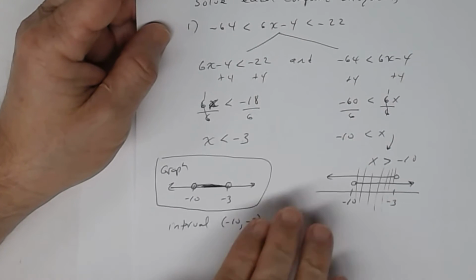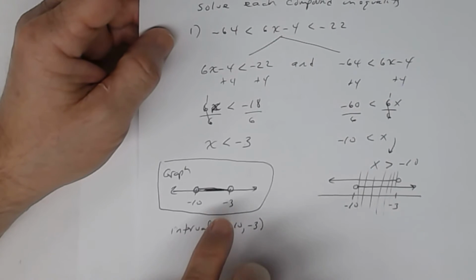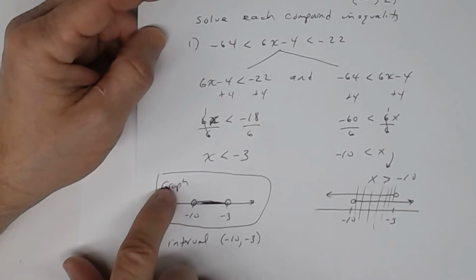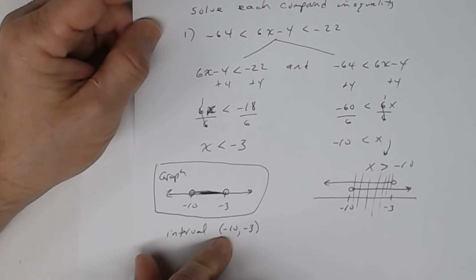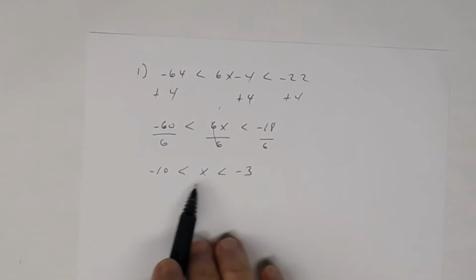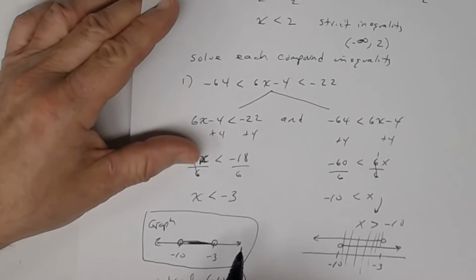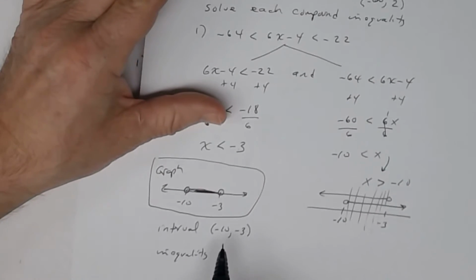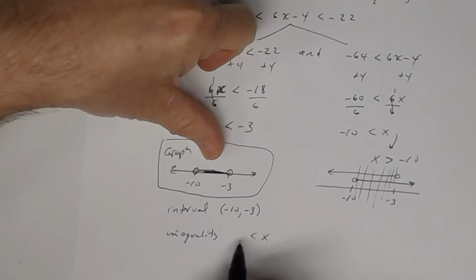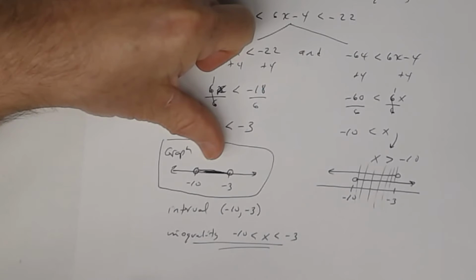Now I want to come back and say something. You may be asked to show the solution in terms of a graph, interval notation, and as an inequality. If you're told as an inequality, you must write it like this. So you have to come back and look at what we have here. All of my solutions are between negative 10 and negative 3. So that's your answer as an inequality.